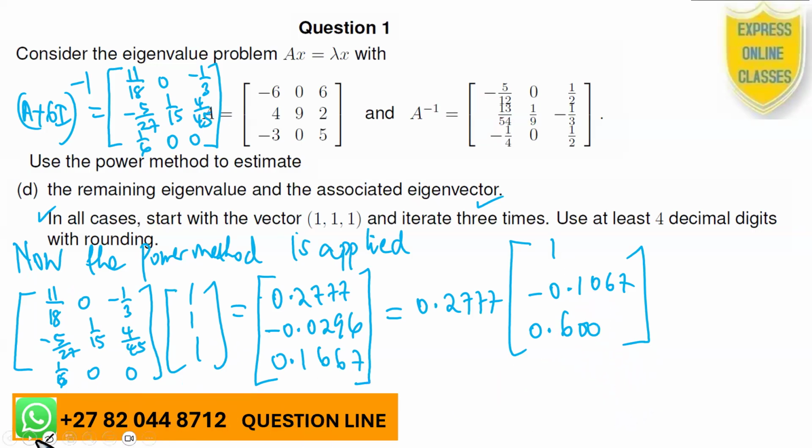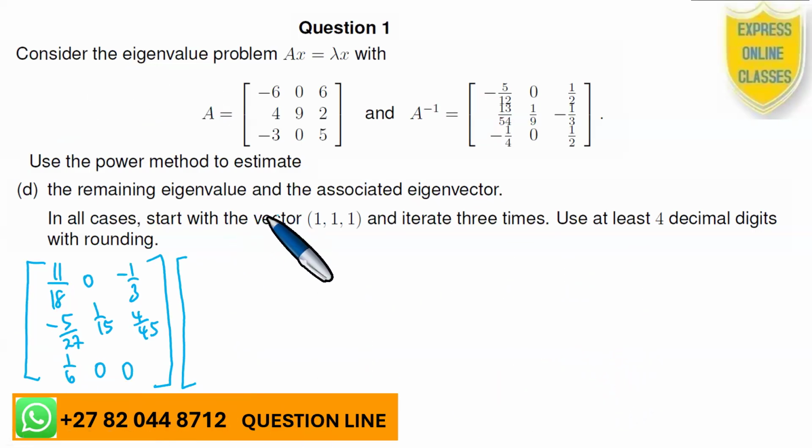You multiply by it. So performing the multiplication is 1, minus 0.1067, and then you have 0.6123.